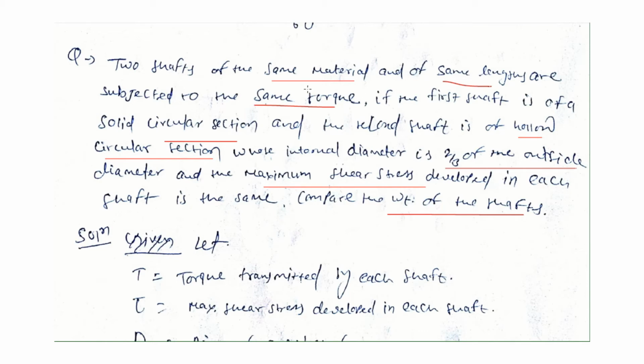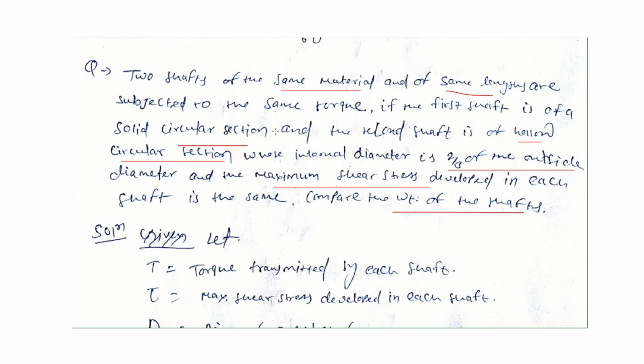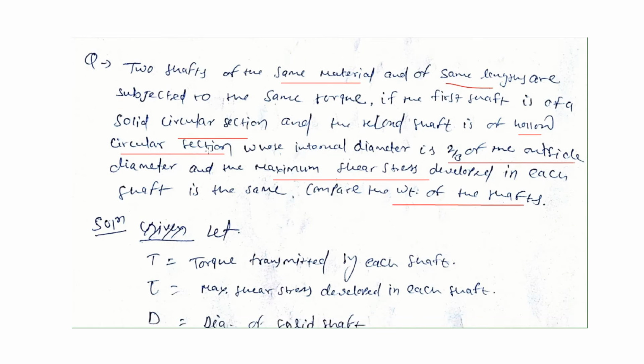So we know the weight density is the weight of the solid divided by the volume. Now the volume of the solid is pi by 4 d square into L, or for the hollow, the weight density of the hollow circular section is the weight density of the material into the volume, so it will give the weight of the hollow circular section.